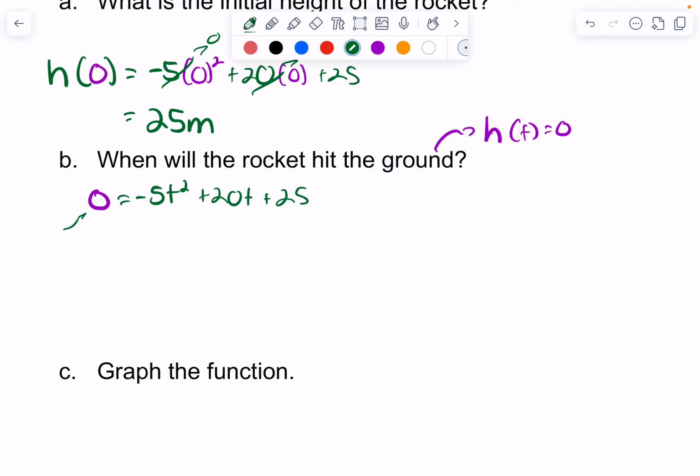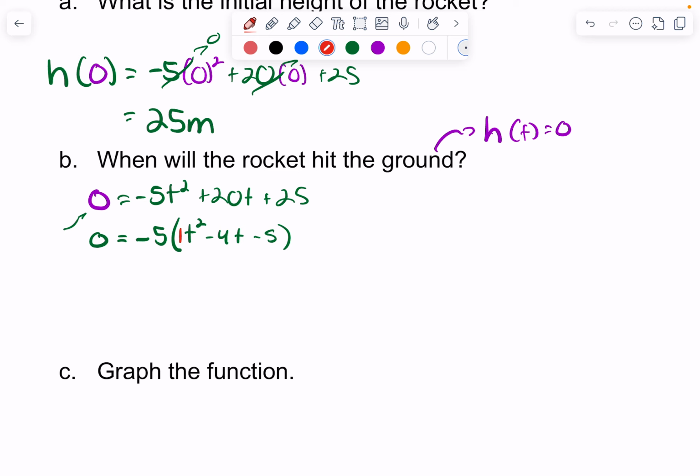So let's factor this right-hand side here. We'll have 0 equals, well, first step in factoring says look for a greatest common factor. And in this case, I can pull a negative 5 out of each term. So that would be leaving us with t squared minus 4t minus 5. And now you have a simple trinomial because the a here is 1.